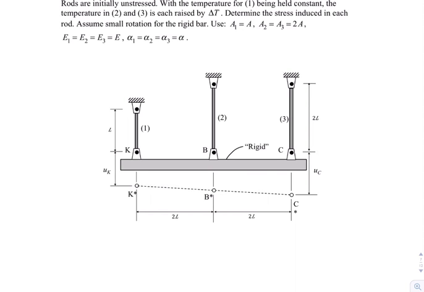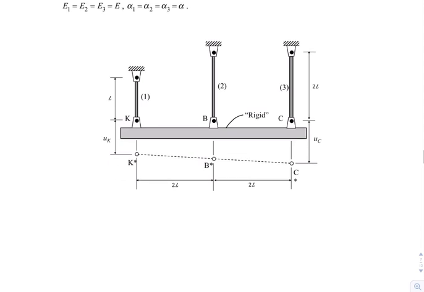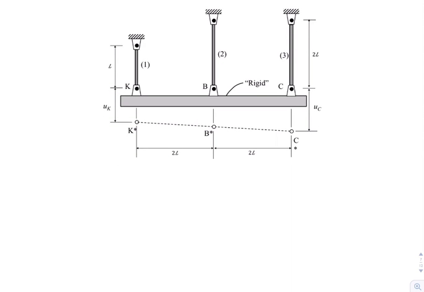We're going to begin with our usual first step, and that is static equilibrium. We'll draw a free body diagram of that rigid bar. The forces in that rigid bar are going to be the loads that are carried by these three rods.